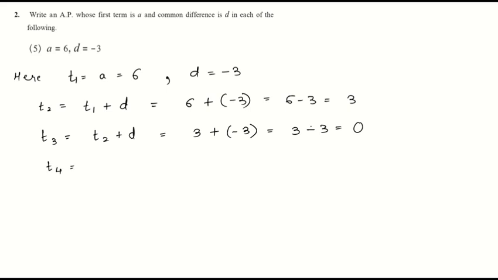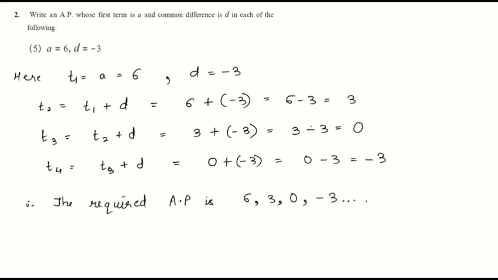In the same way, we find T4: the previous term T3 is 0, plus the common difference minus 3. So 0 minus 3 is equal to minus 3. So this is going downwards. Therefore the required AP is 6, 3, 0, minus 3 and so on.